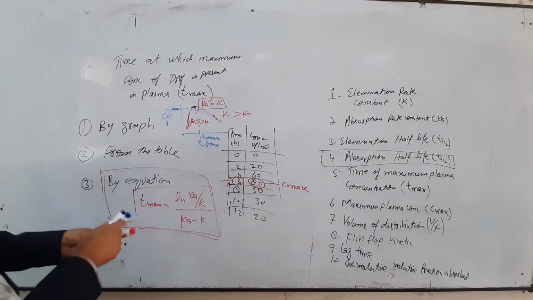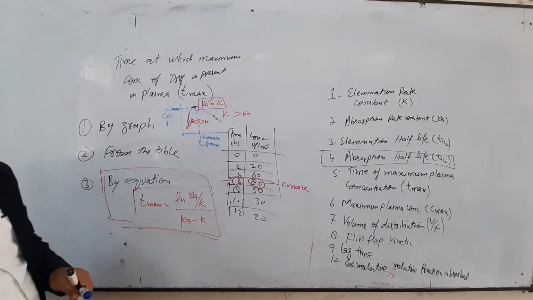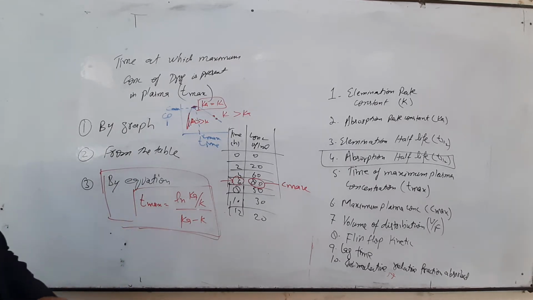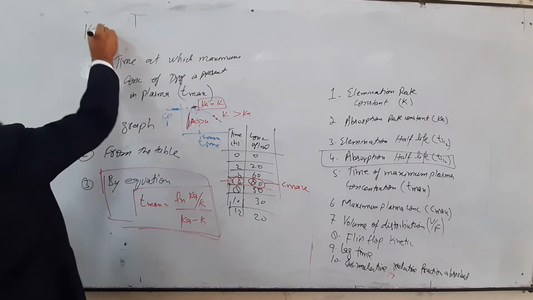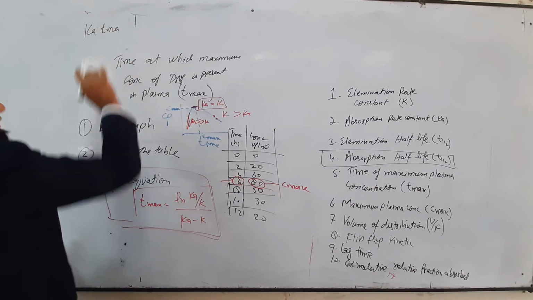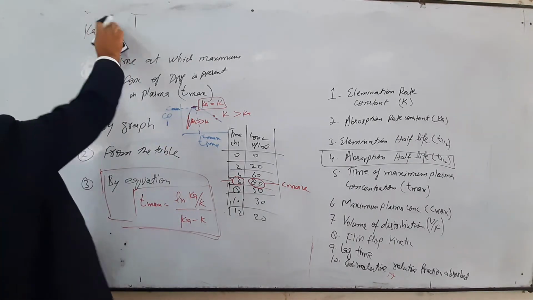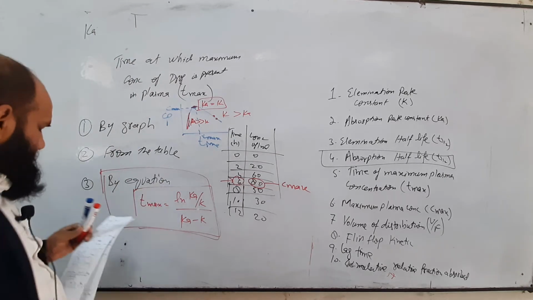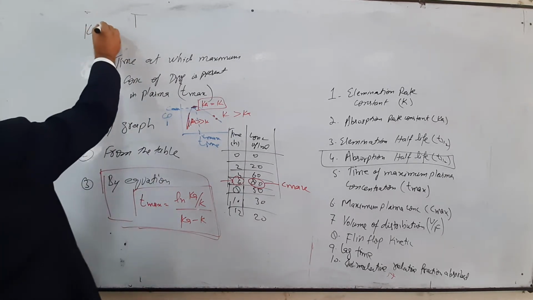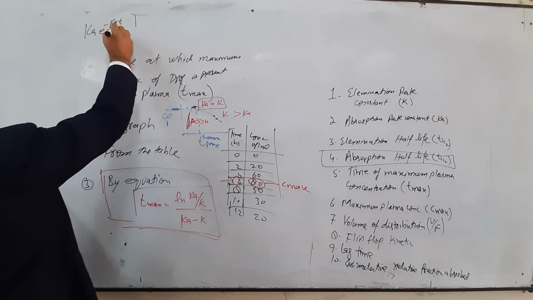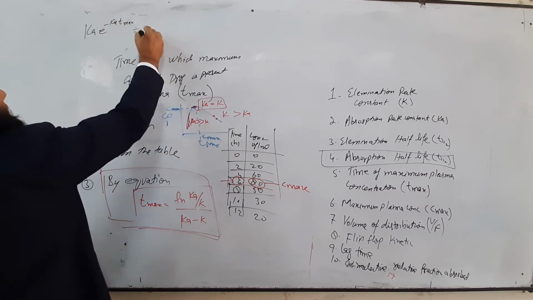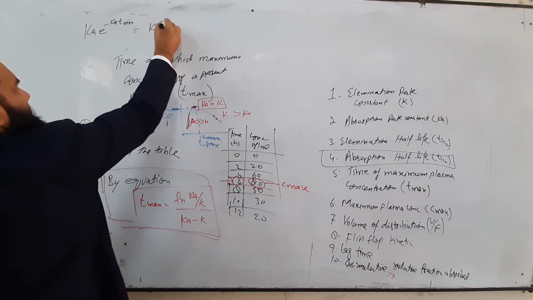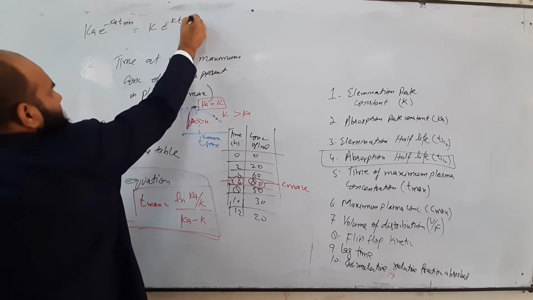It's very simple. We have two rates. One is the absorption rate constant, and the other is the elimination rate constant. For example, Ka e^(-Ka Tmax) is equal to K e^(-K Tmax).